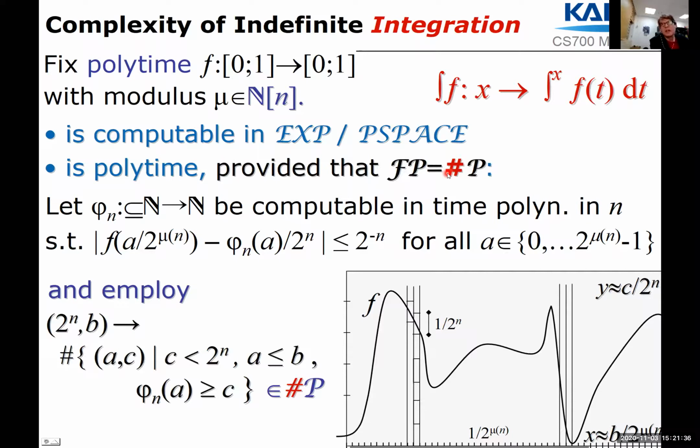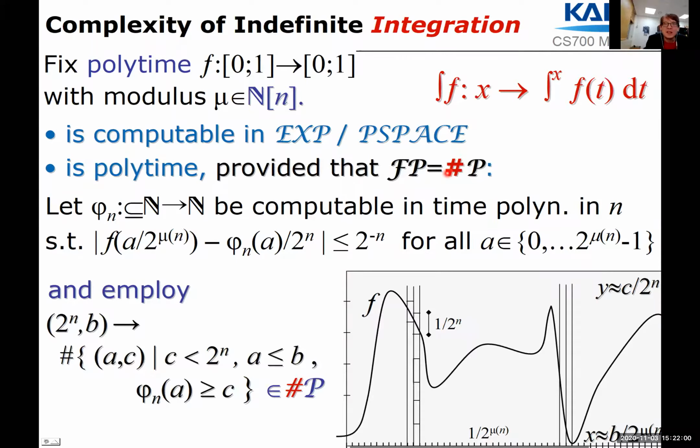So under a stronger hypothesis than for maximization, indefinite integration is again polynomial time computable. But we have here a stronger hypothesis, and in both cases the question arises, and will be answered maybe today, maybe in the next session of this lecture, whether this is optimal or not.